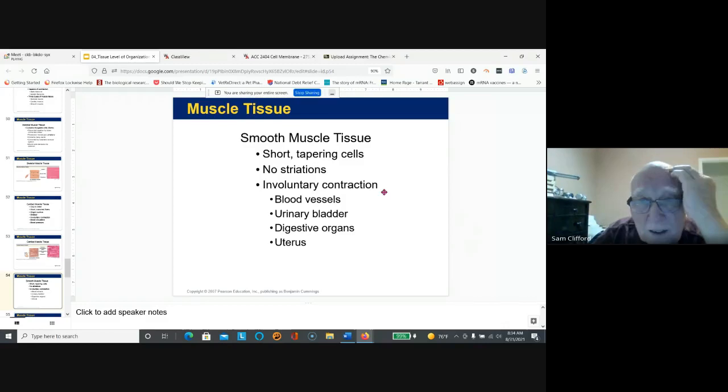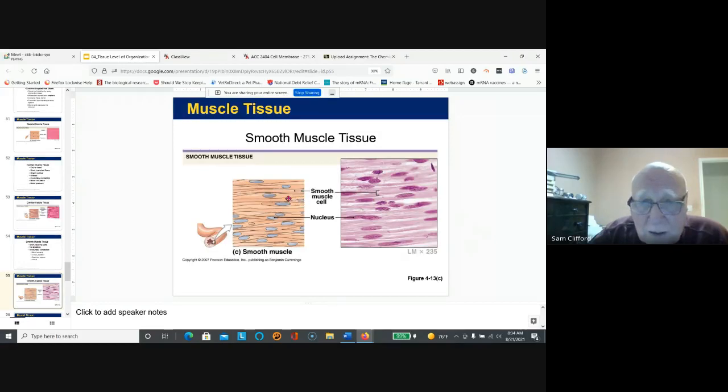Smooth muscle. The cells are short. There's no striations. They're involuntary contraction, found in blood vessels, urinary bladder, digestive organs, and uterus. What do they look like? They look like little cigars with the ends pinched. There's one nucleus per cell.